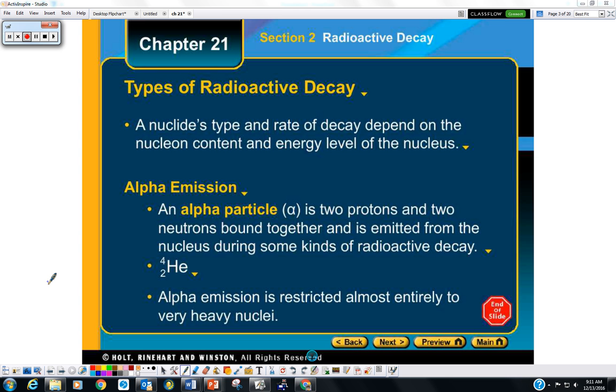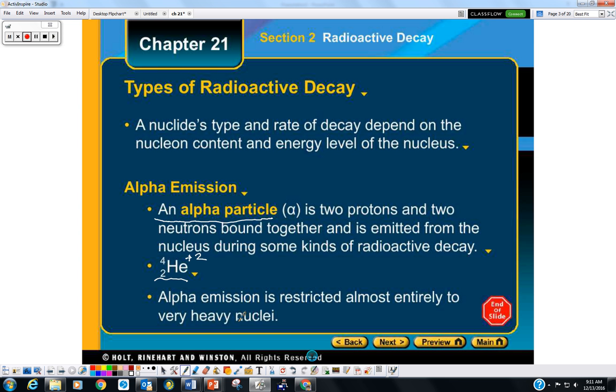So the first type that we're going to look at is an alpha emission or alpha decay. In that, an alpha particle is released. What I really want you to know about an alpha particle is that it is essentially a helium atom with a +2 charge. So it's a helium atom without electrons, so 2 protons, 2 neutrons.